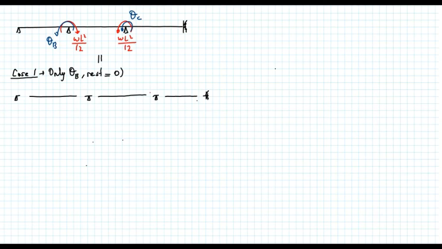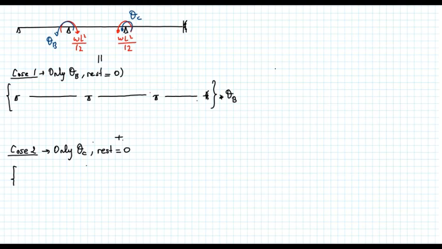Remember that whatever I have here, I will multiply it by the rotation at B, plus case 2, only theta C, rest is equal to 0. So let's again draw the discrete version of that structure.